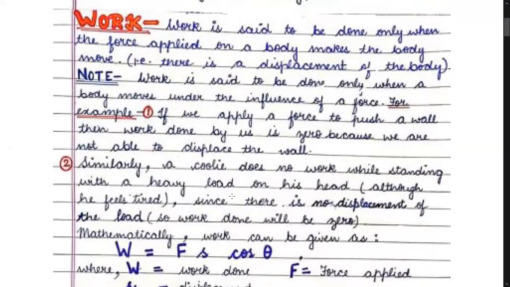Now, children, work is said to be done only when the force applied on a body makes the body move. For example, suppose there is a notebook lying on a table in front of you, and if you apply a force on it, then what will happen?